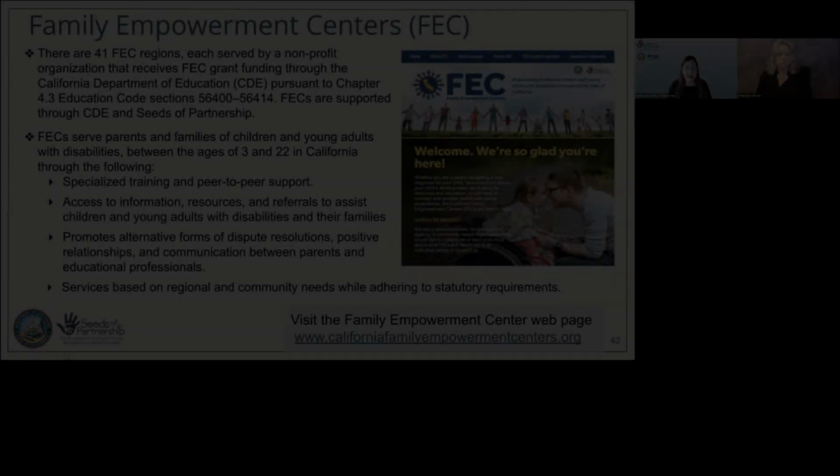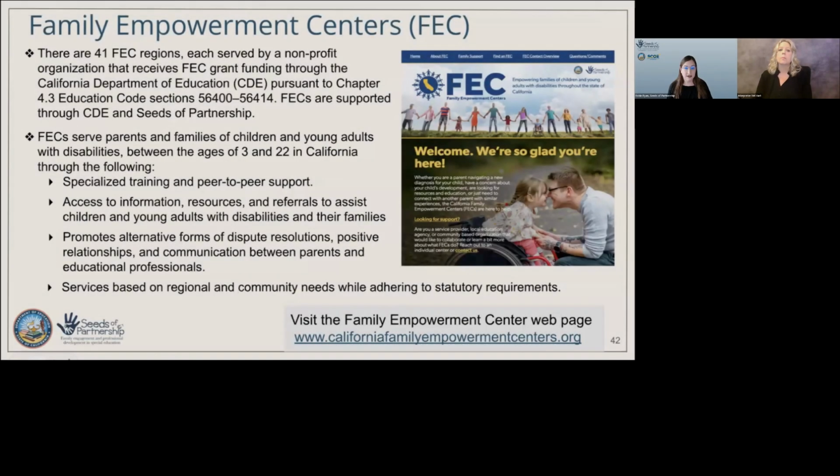Next slide. I'd like to highlight the Family Empowerment Centers, as Elena shared, and also our colleagues Raylyn and Julie shared. The Family Empowerment Centers are a resource in general, but specific to our topic today, understanding procedural safeguards and resolving disagreement, the Family Centers are an invaluable resource in providing parent-to-parent support, resources, and information.